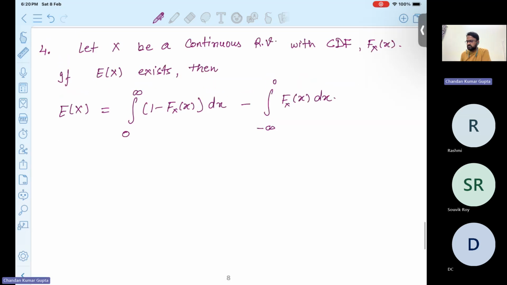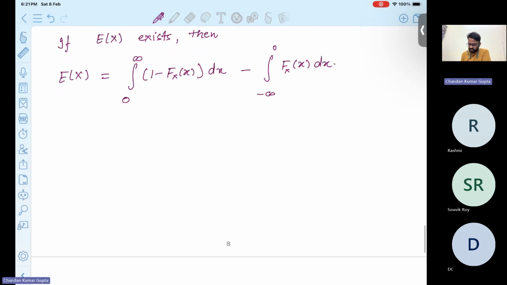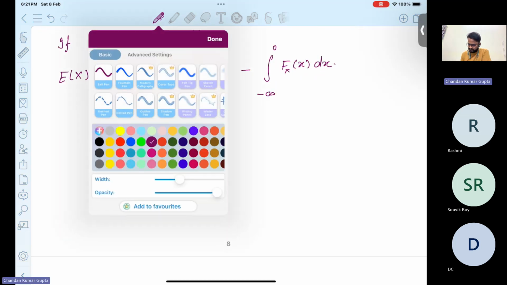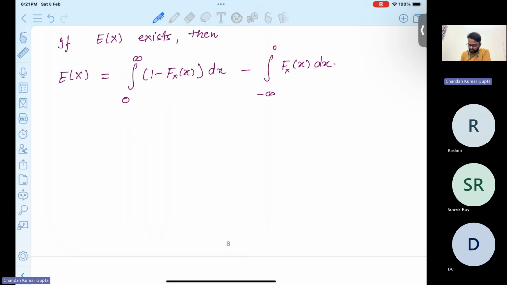Also, we have discussed the mean, the expected value, which we can say is the first order moment. There are two different kinds of moments actually. One is the central moment, the other one is the non-central moment.